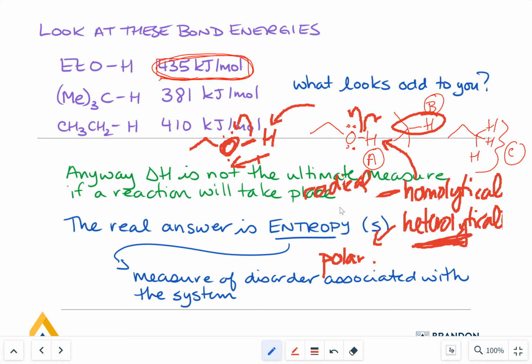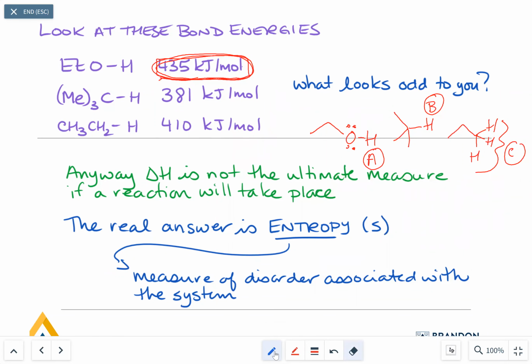Yes, there was a comment that doesn't this cause problems because it doesn't actually reflect true bond strengths, and that's true. It can cause problems, but let me clear some of this mess up here.